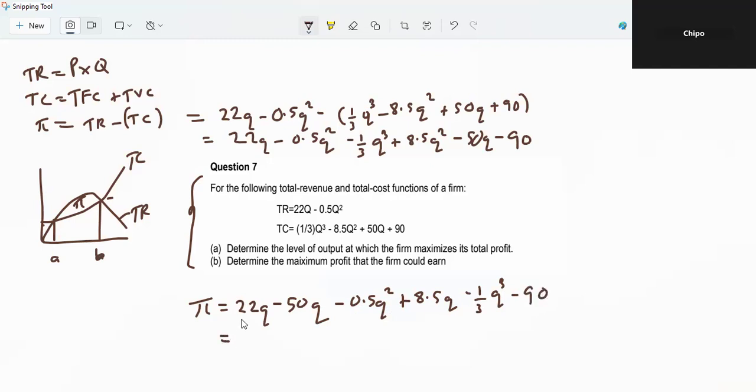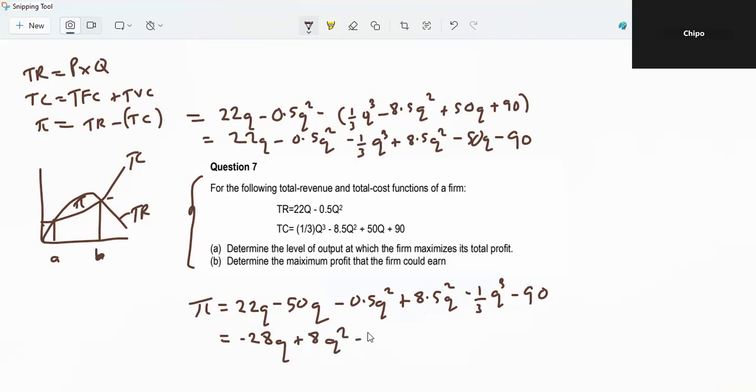So 22 minus 50, what do we get? It is negative 28Q. Then minus 0.5 Q squared plus 8.5 Q squared, we're going to have there plus 8Q squared.